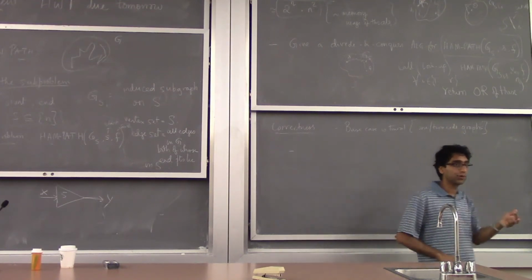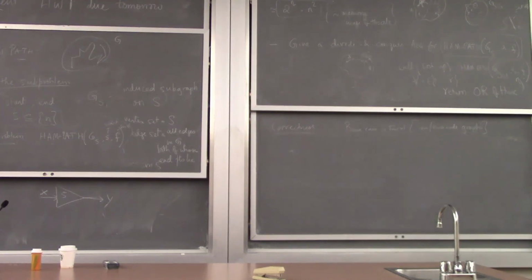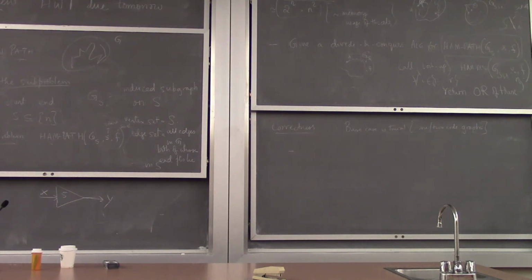But firstly, when you're proving something by induction, you've got to say, I will assume this for all objects of a certain property, and I will prove this for all objects of size k plus 1 or something like this. So what is the statement I've got to write? If this algorithm says there is a Hamiltonian path for a graph of size n, that's the final claim that you want to prove.